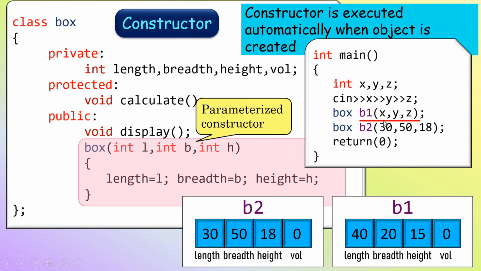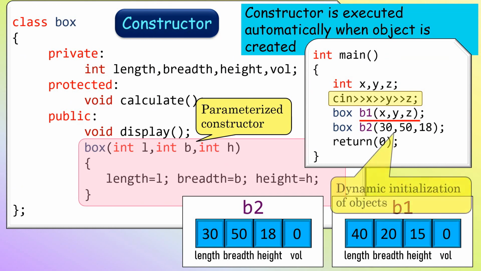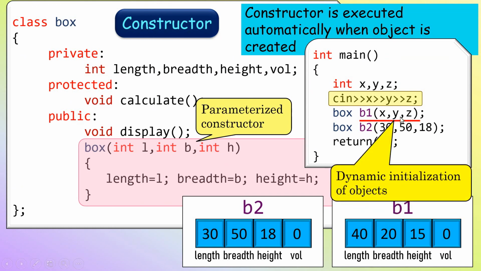So when object B1 is created, the values in x, y, z will be passed to the parameterized constructor. By getting input for the variables during runtime, you are able to dynamically initialize objects. This method of initializing objects is called dynamic initialization of objects.